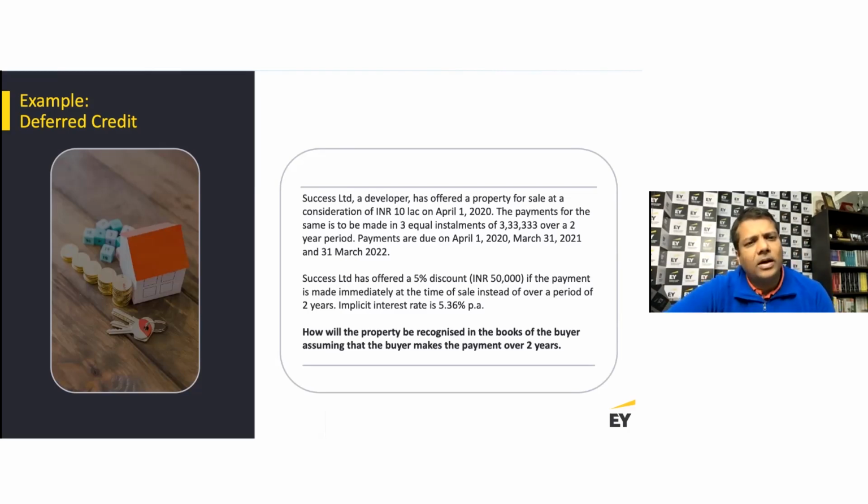Now, Success Limited, a developer, has offered a property for sale at a consideration of INR 10 lakh on April 1, 2020. The payment for the same is to be made in 3 equal installments of 3,33,333 over a 2-year period.